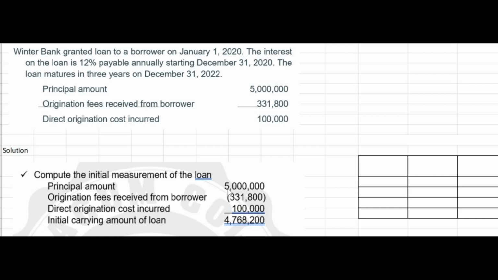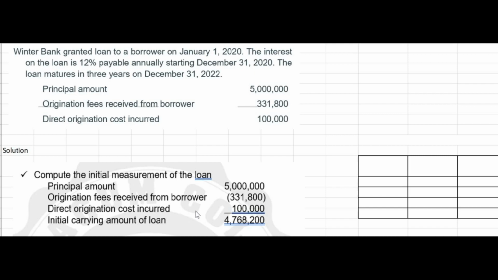Kasi nga, yung principal amount, yun yung grinant mo sa client mo. So, pag meron kang kolekta from them, we have to deduct it from our principal amount. Whereas, direct origination costs are added to our initial measurement.